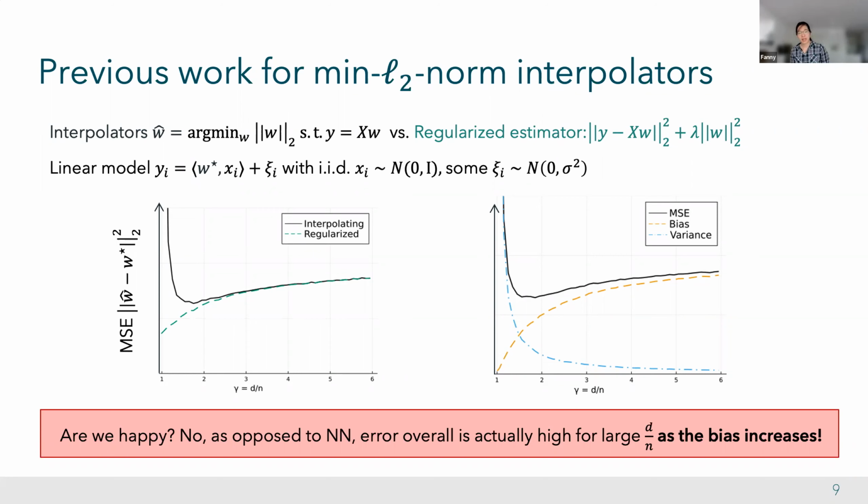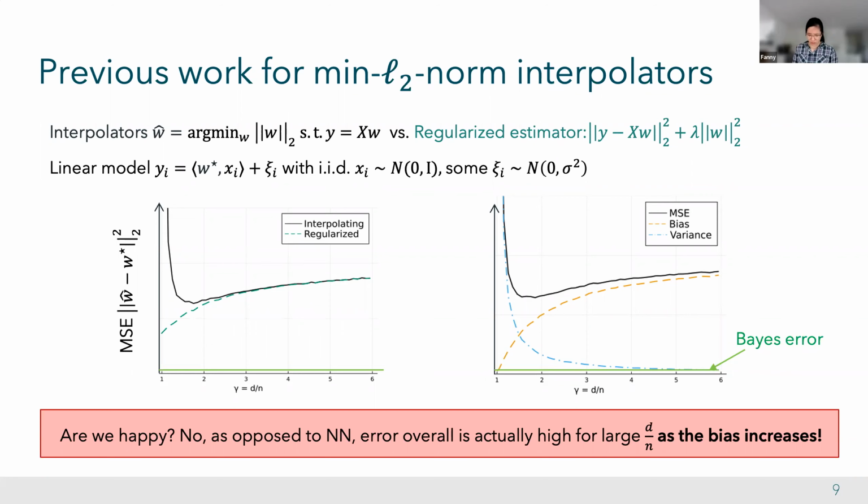But as opposed to neural networks, what we actually find is that we are not happy in this case, because the generalization performance of the interpolating estimator is very poor compared to what you could achieve. The Bayes error is really close to 0 in this case for our synthetic setting. So the problem is that the bias gets really large in this regime where d over n is large, right?